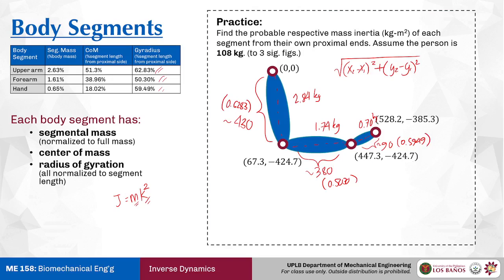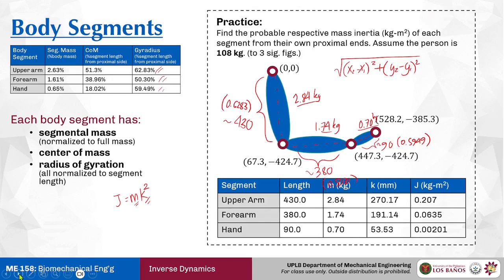Once you obtain the radius of gyration, square these values, then multiply them with the masses. And you should get the mass inertia on flexion and extension of each body segment. So the answers actually are these.